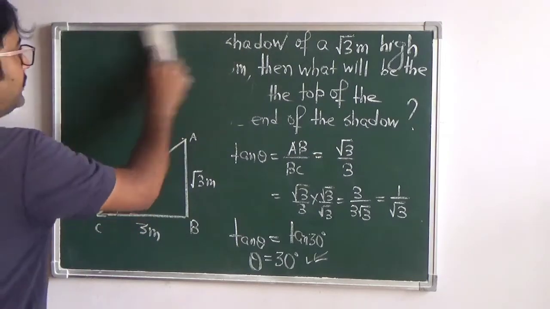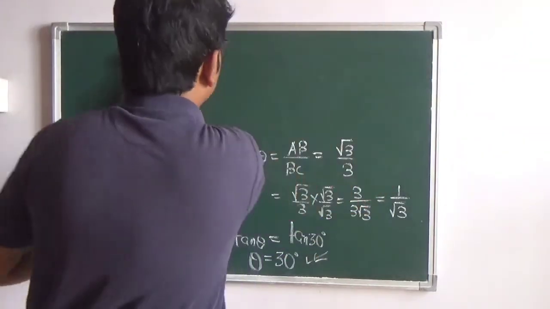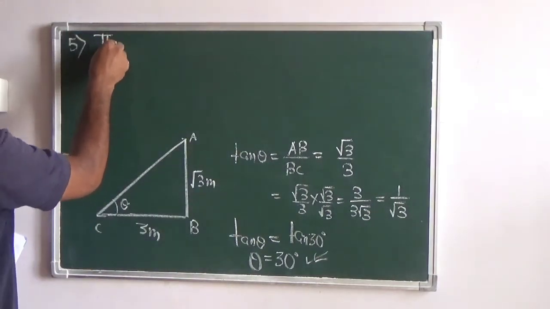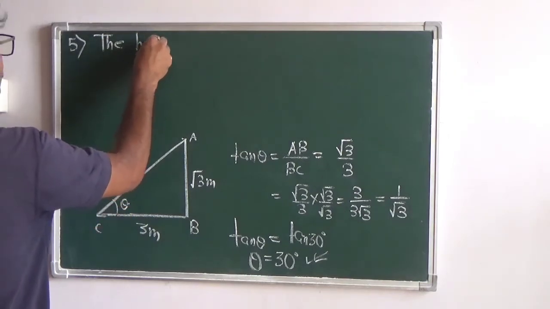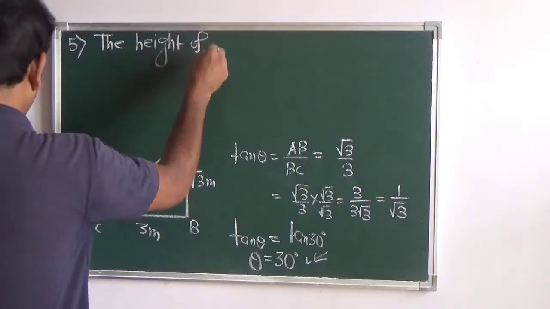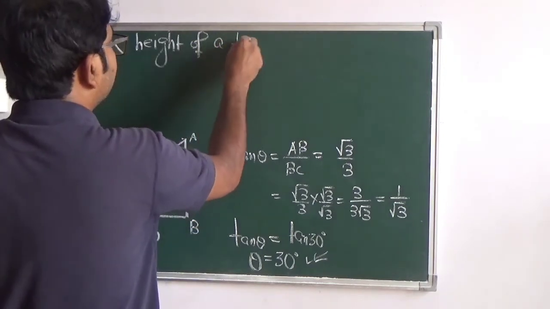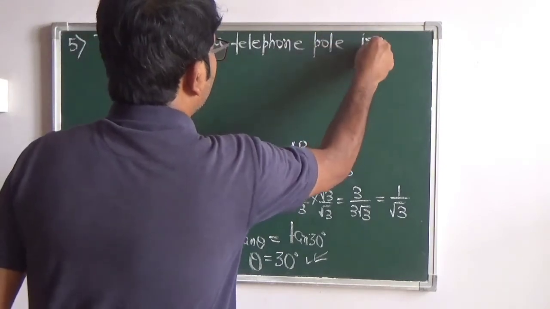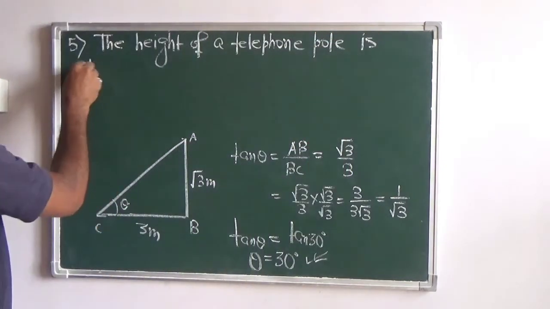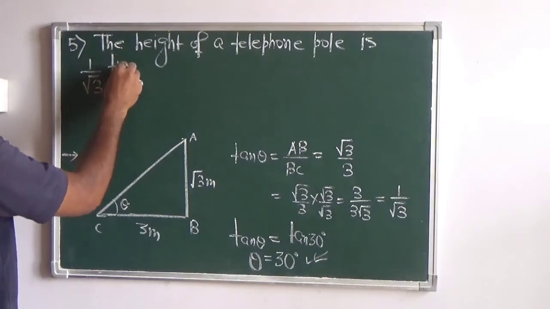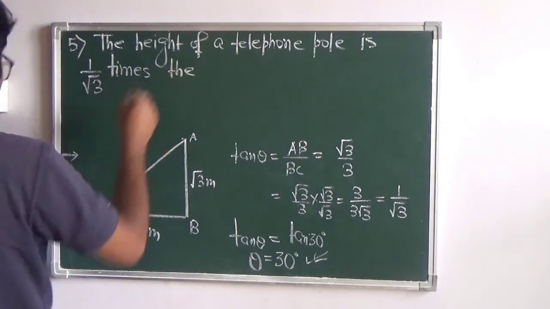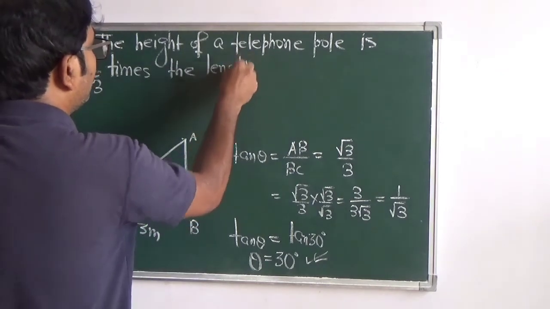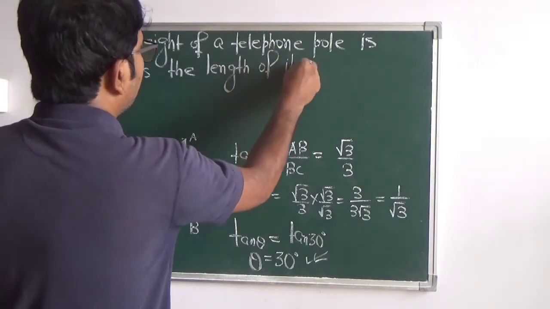Now let us move on to question number 5. The height of a telephone pole is 1 by root 3 times the length of its shadow.